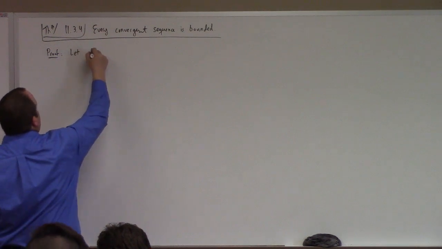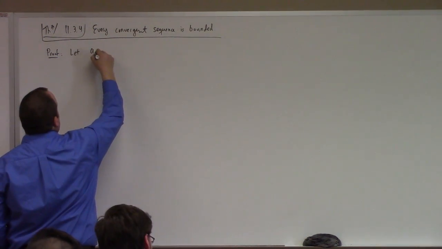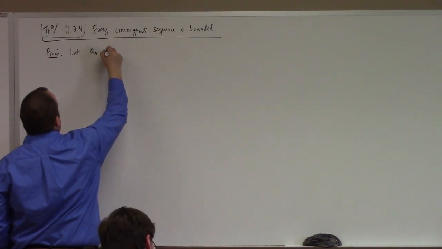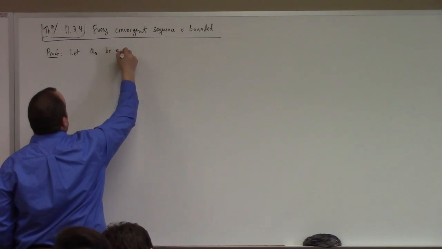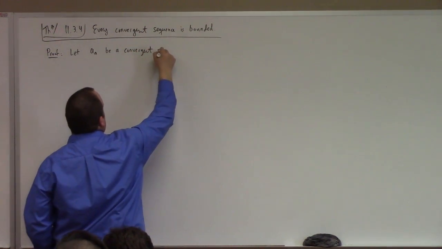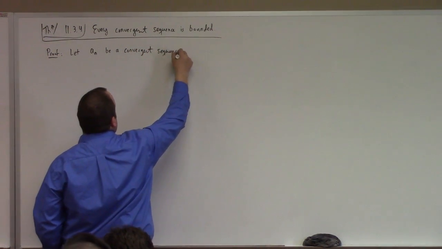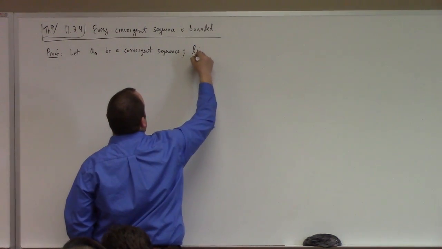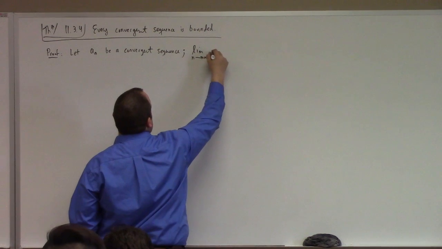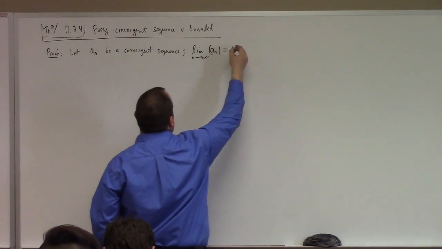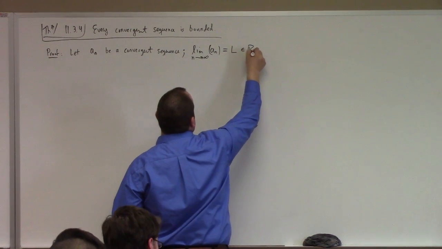Let A sub n be a convergent sequence. In particular, let's suppose that the limit as n goes to infinity of A sub n is equal to L, where L is a particular real number.